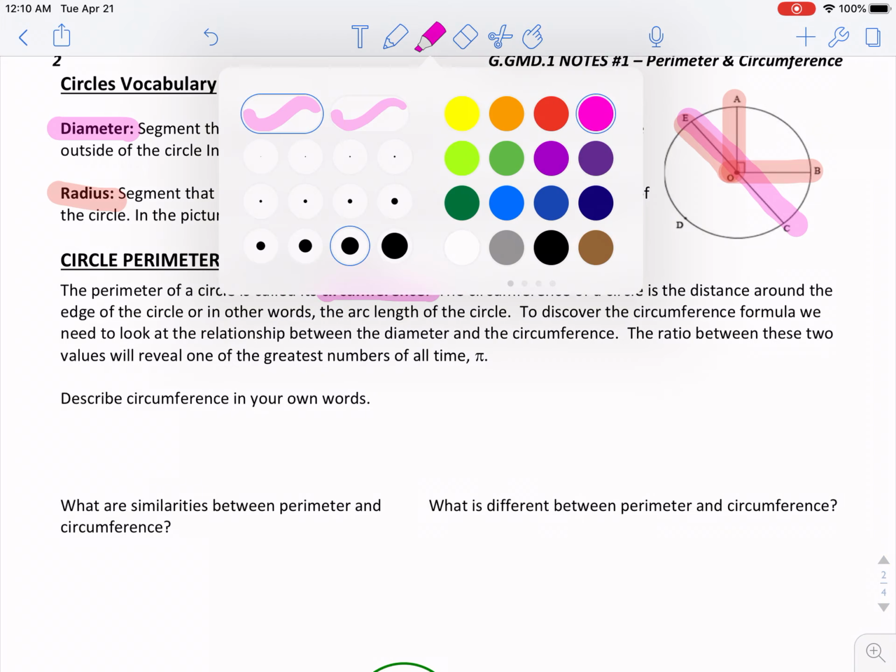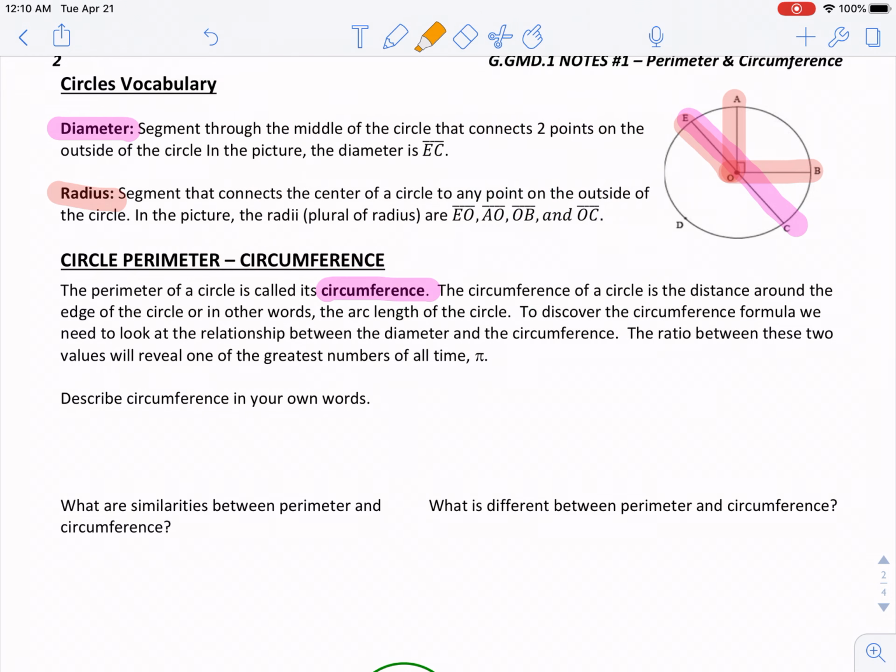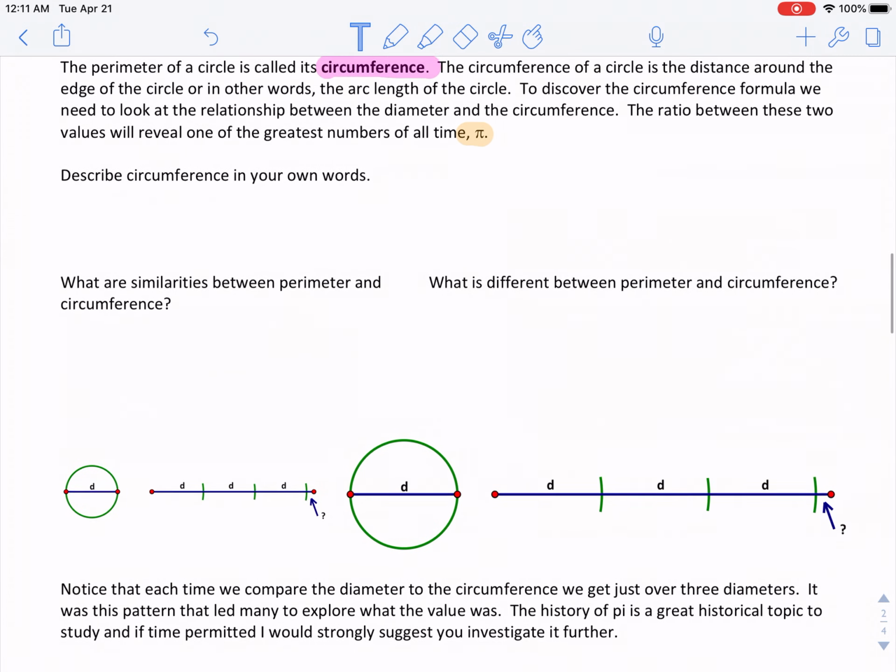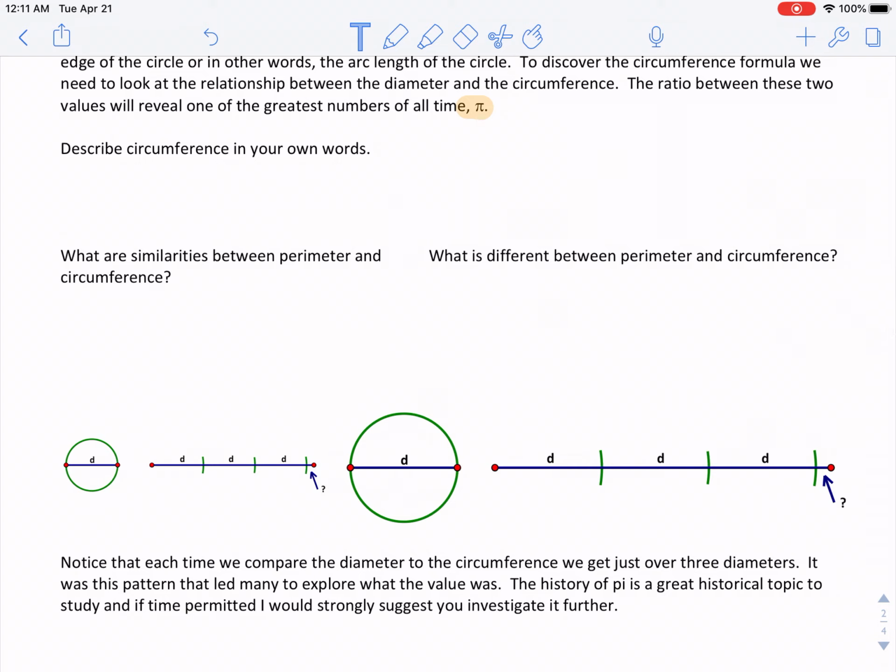All right, the other thing that we have to worry about when we're talking about circumference is pi. We'll talk a little bit more about that in a second. The reason why diameter and circumference are related is if we take the diameter of a circle, it takes just over 1, 2, 3 diameters to fill that whole outside of the circle.